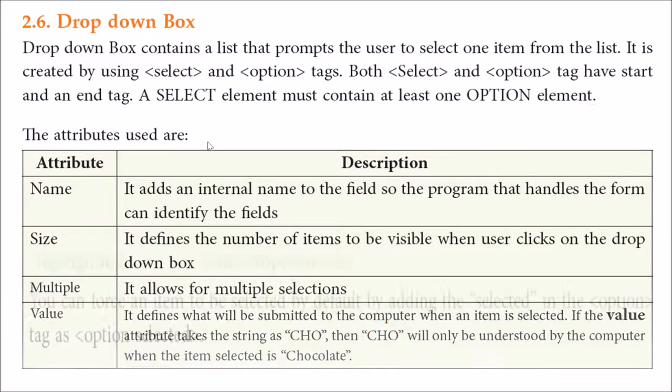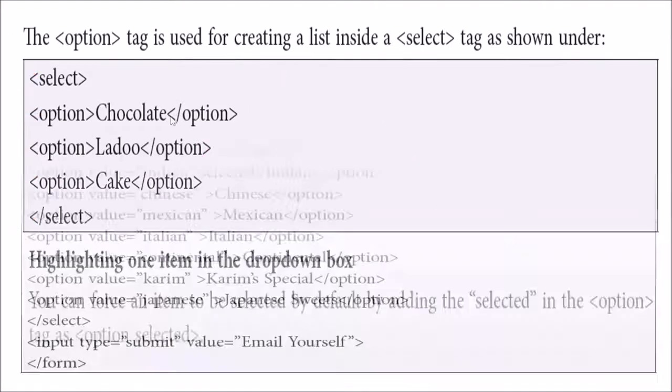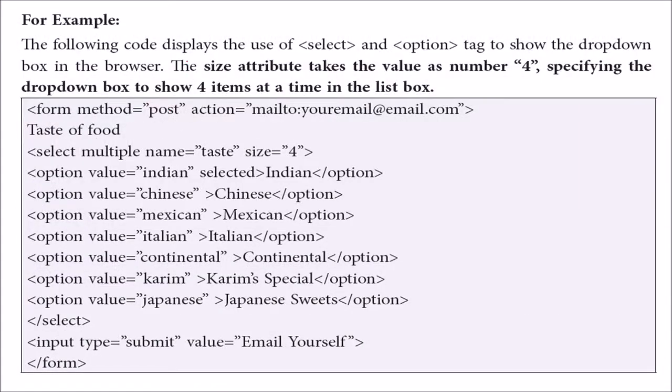So this is the value. So the option tag is like this. You start with select, end it with select, and inside this you give various options. And if you want some option to be always selected, then you use this selected also by default.